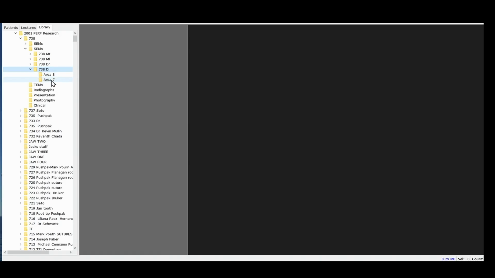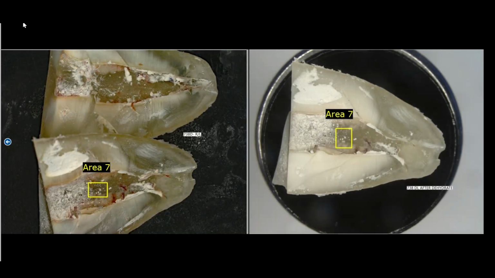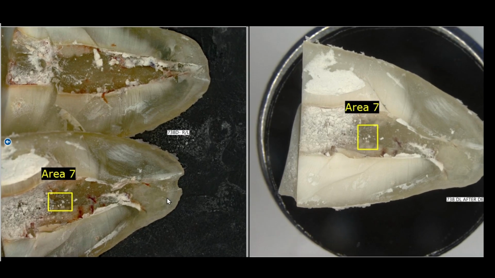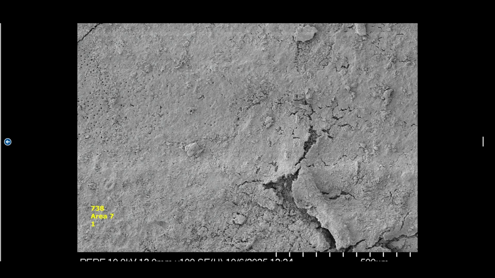I selected a couple of areas in each root because they're pretty much the same no matter where you look. So if you look at area 7, which is an area kind of in the mid part of the distal root, you do see some areas where there are some dentinal tubules, but most of this is just simply a standard kind of smear layer.